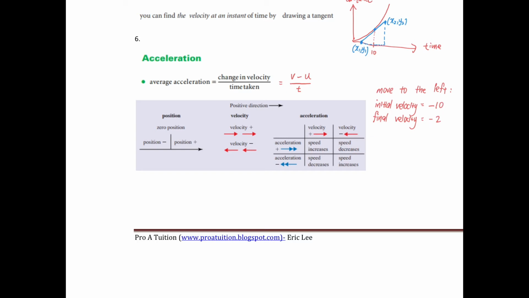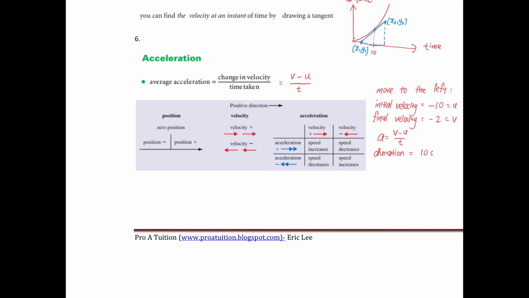So this is u. Initial velocity is known as u, and this is known as v. So a equal to v minus u over t. Okay, let's say the duration for this situation from the initial velocity to the final velocity is, let's say, 10 seconds.